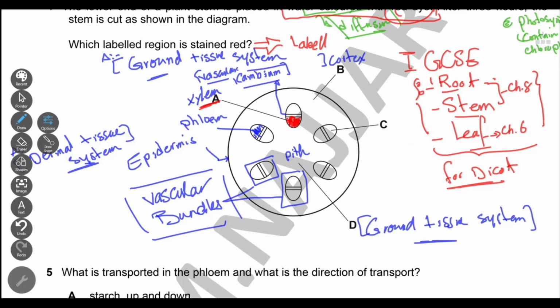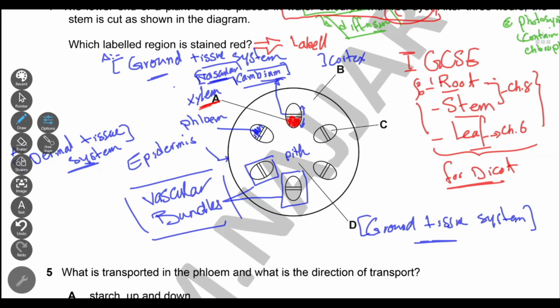It's not mentioned in our curriculum, but just to know: vascular cambium. It's a kind of meristematic cells, equivalent to the stem cells in humans. They divide upward, giving you the phloem, and downward, giving you the xylem, making the secondary growth. So anyway, let's carry on.